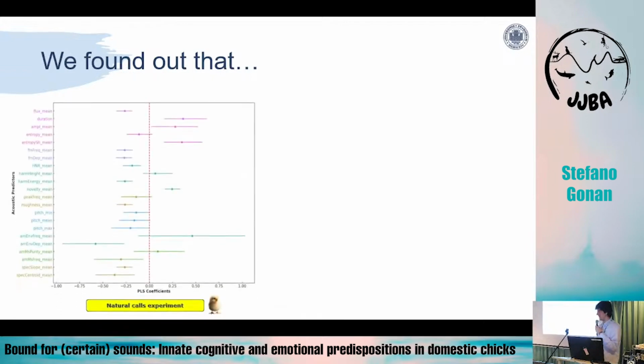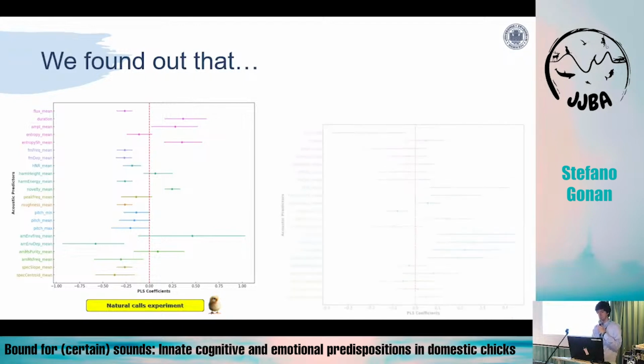And we found out that the response of domestic chicks to natural calls is essentially predicted by high duration, entropy, and spectrum variation, as you can see from this graph, where the point ranges that are quite distant from the center red line are considered significant. And by a low change in acoustic features such as pitch, amplitude, and harmonicity.